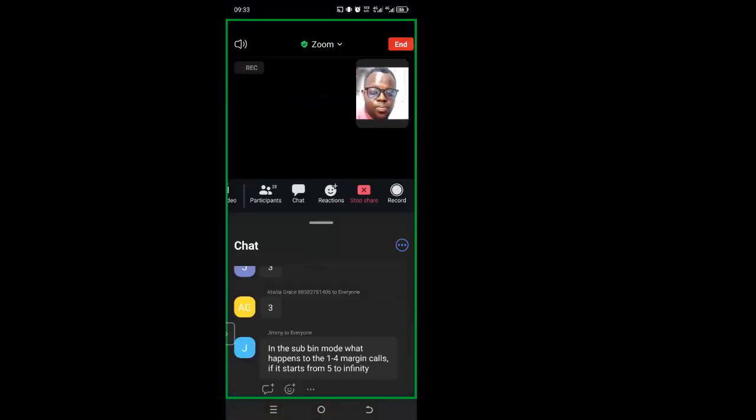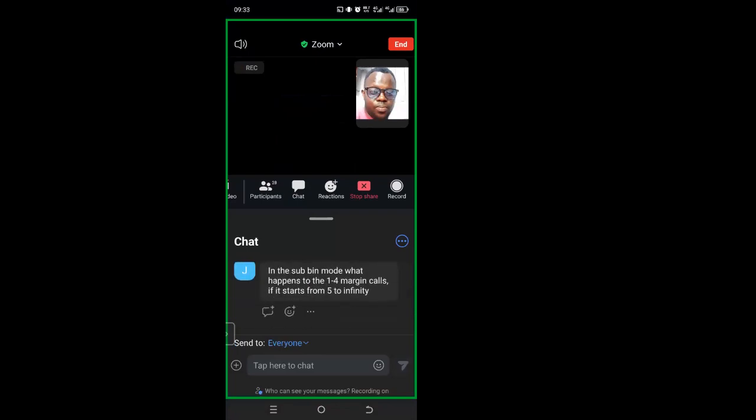Anytime you set your trade in the sub-bin mode, what happens with the 1 to 4 margin calls if it starts from the fifth to infinity? It sells your fifth margin call to the infinity individually, but it can't deposit the profit yet.